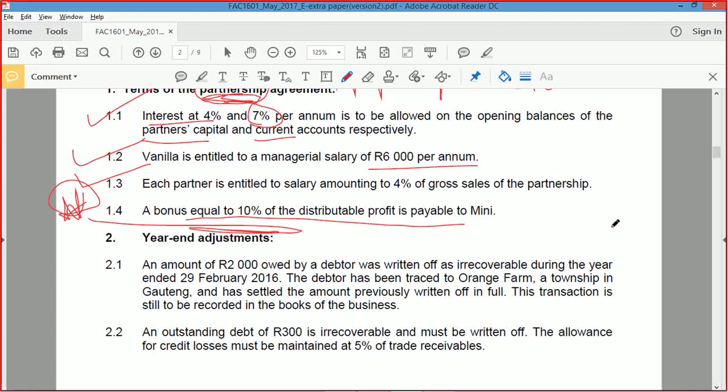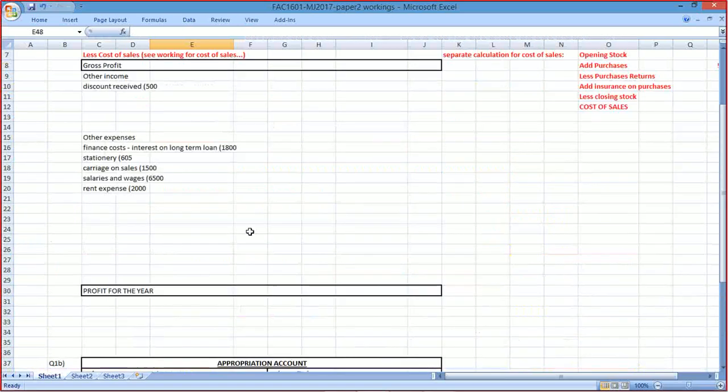What's the name of the income? Accrued income? No, it's not accrued income. Accrued means you're still going to get something. Bad debts or credit losses recovered.